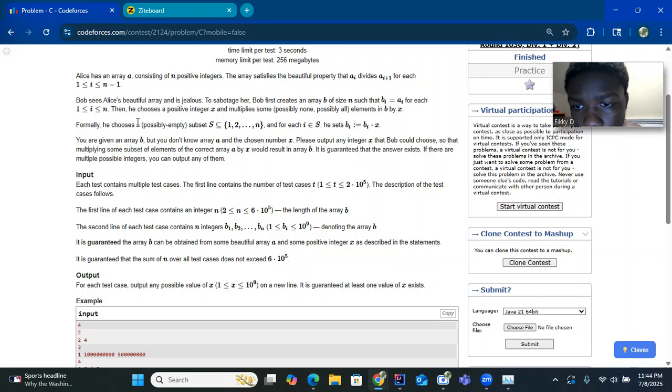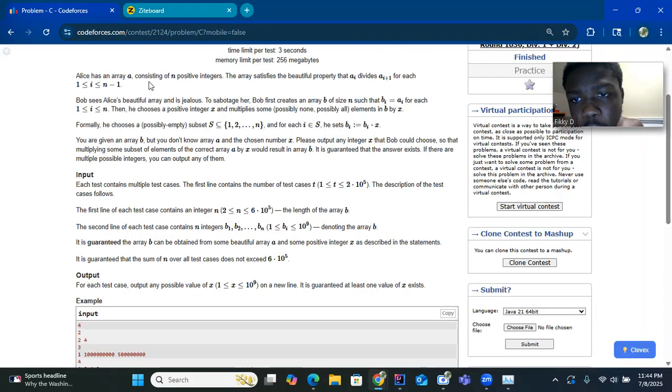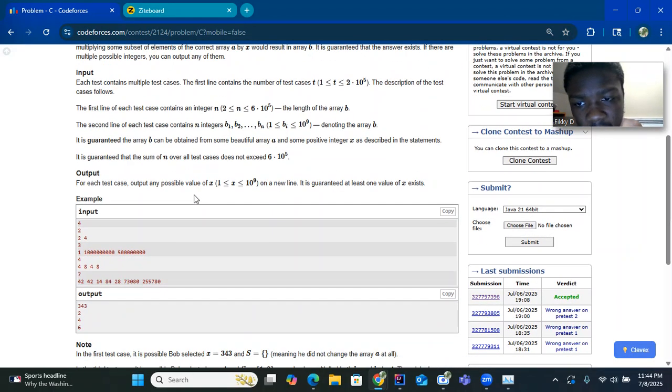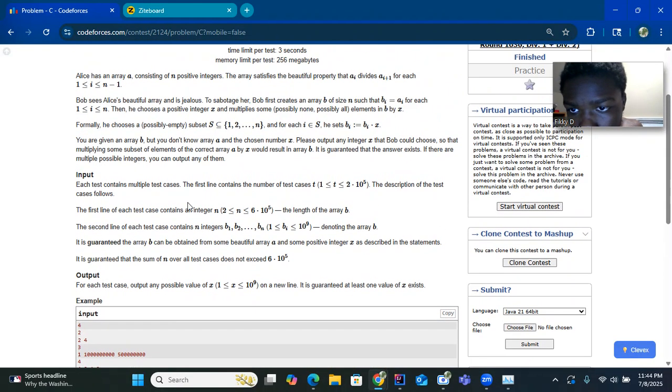So here's the idea. You need to understand that multiplying some subset of A will more than likely ruin this beautiful property. Now, if there are multiple possible integers, you can output any of them.